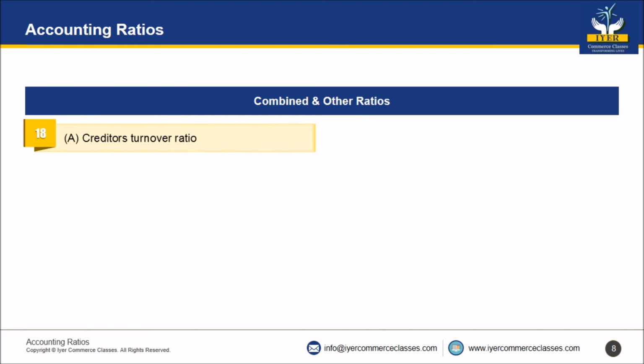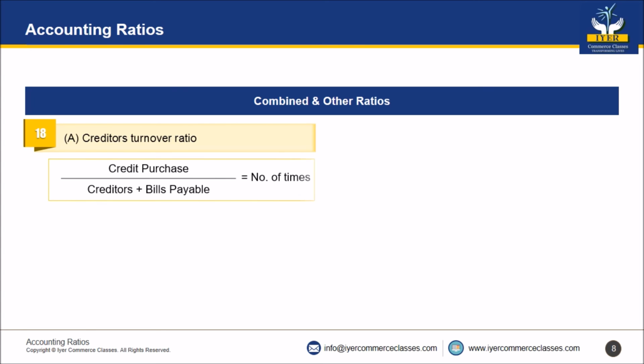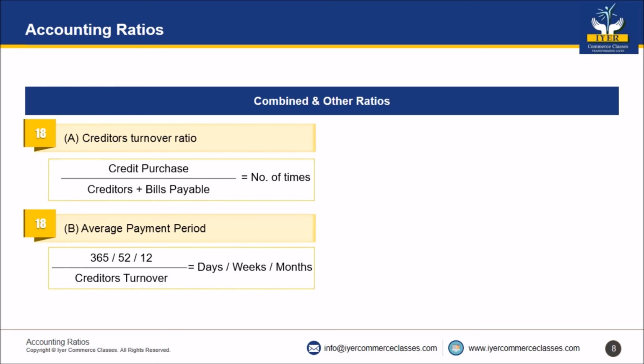Next, creditors turnover ratio formula, credit purchase upon creditors plus bills payable equal to number of times, and average payment period will be given by 365, 52 or 12 upon creditors turnover.